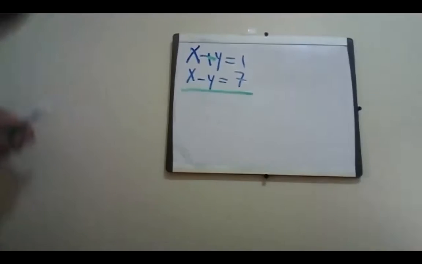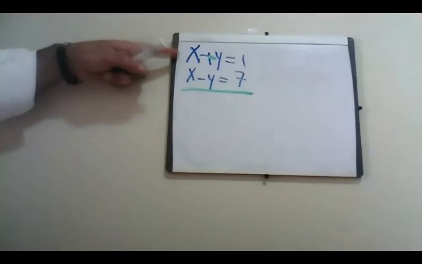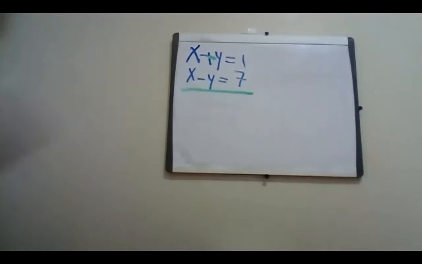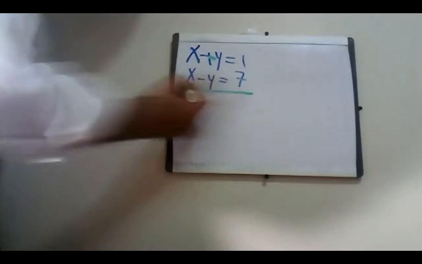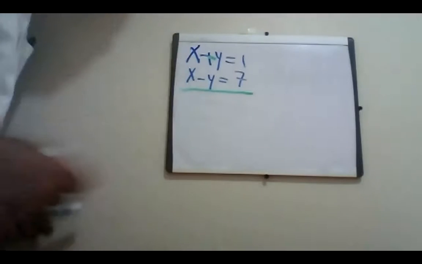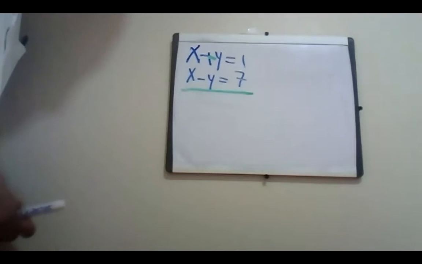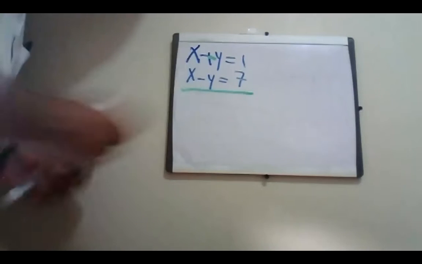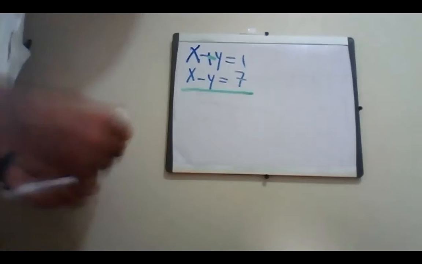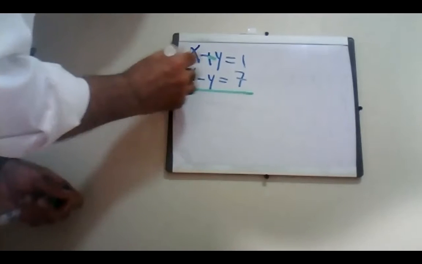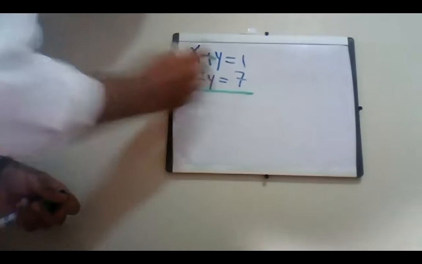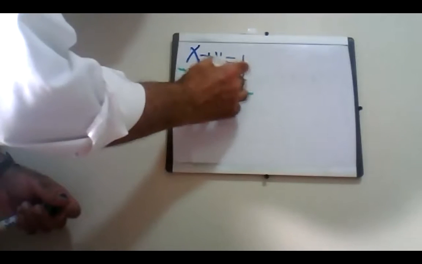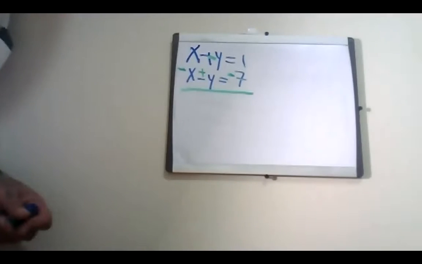So I will get rid of the x. How? The second equation, this one, I will put in opposite signs. So the plus, this is plus, will become minus. With the green, I will do it. Minus. And minus will become plus. And plus will become minus.